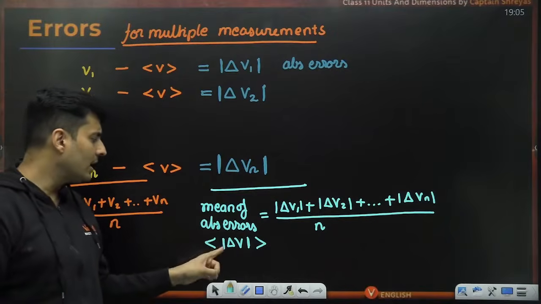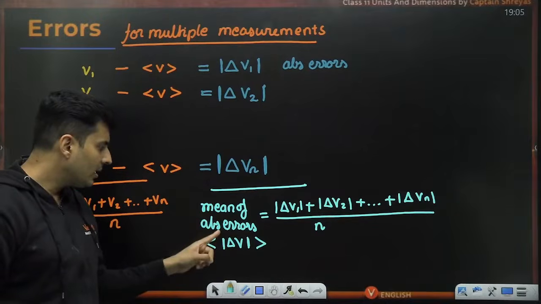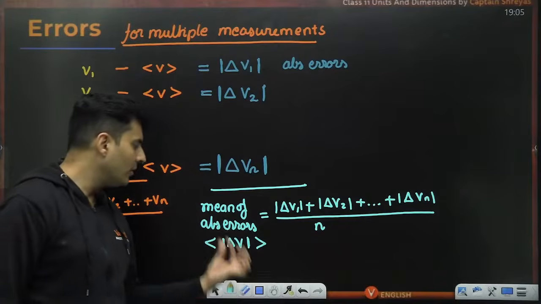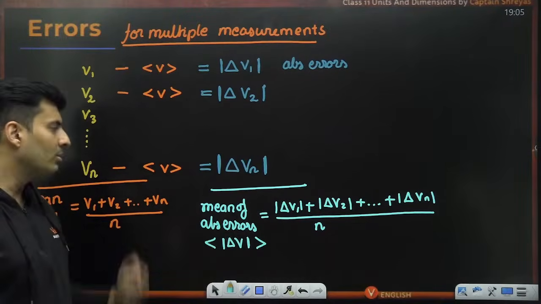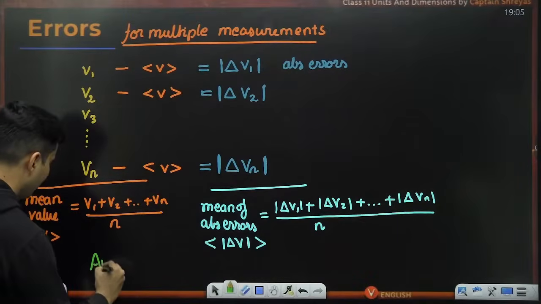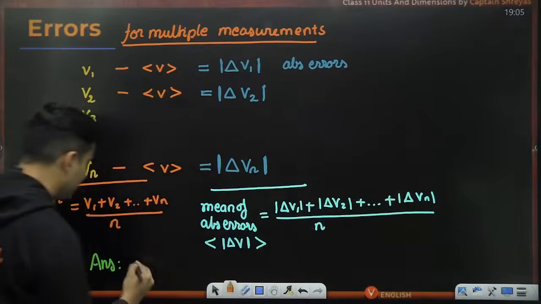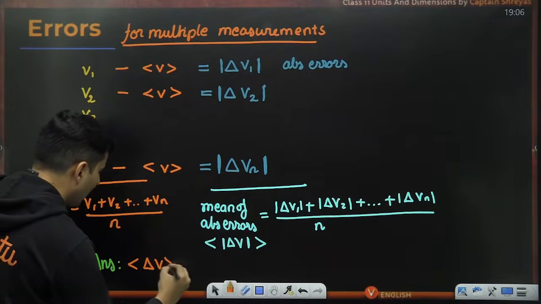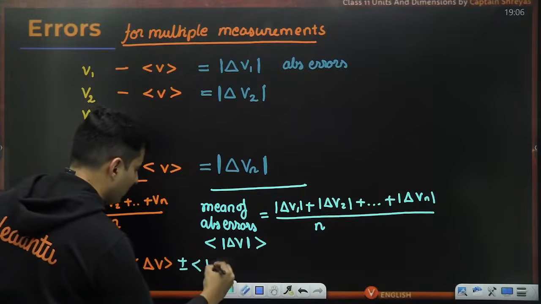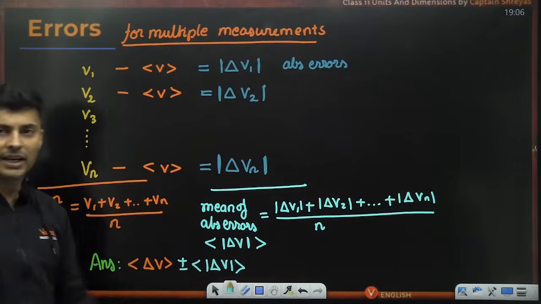Triangle for mean, mod symbol for absolute, error for delta. Then our final answer will be the mean value, which is delta V, plus or minus this particular thing.